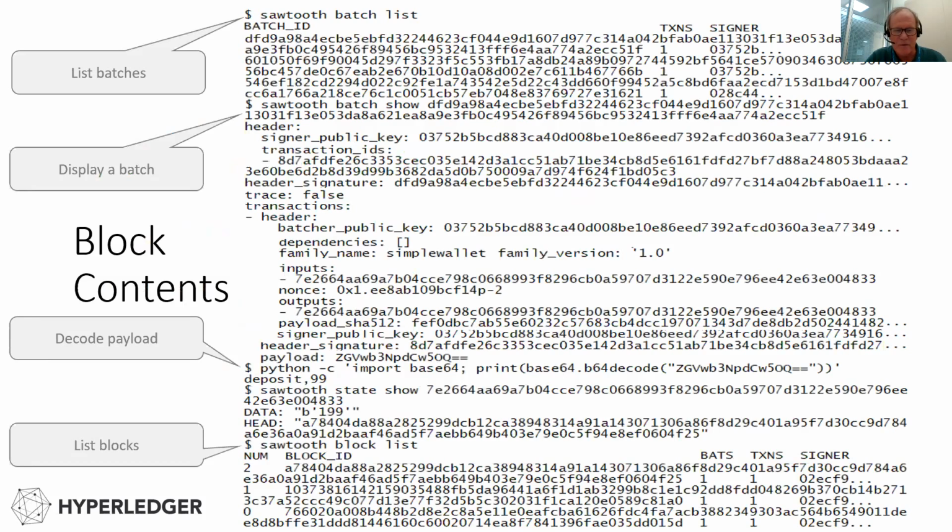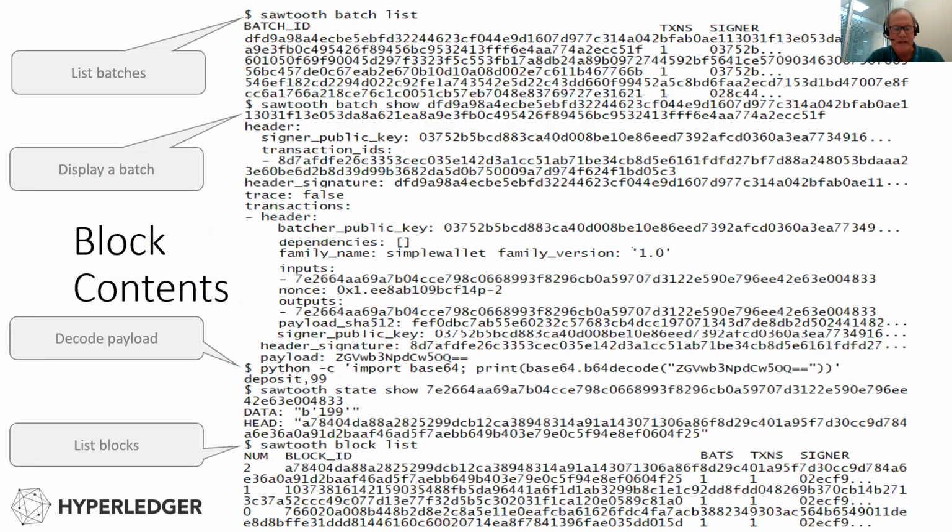And we show it, and what we come up with is 199. So it's very simple encoding. We just encode the amount by converting the integer to a string, 199, and that's all that's there. But you can also use more elaborate encoding and serialization with any method you choose.